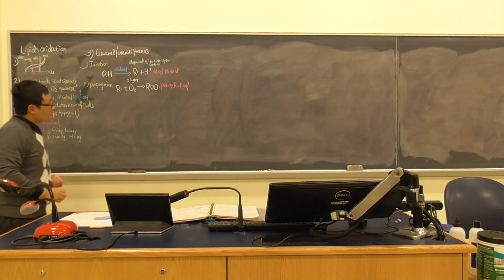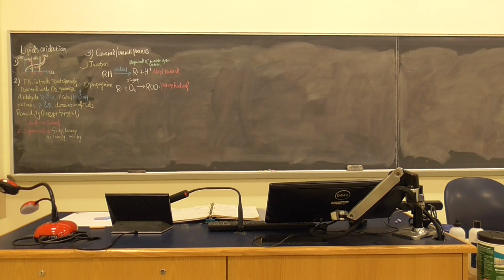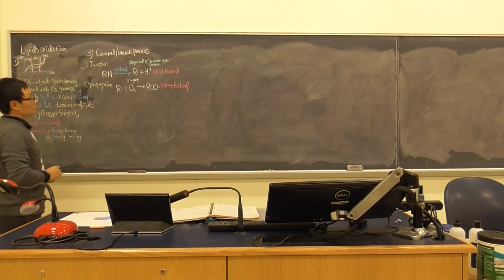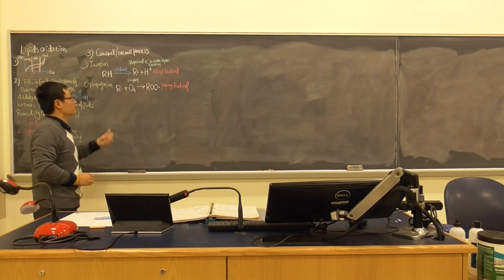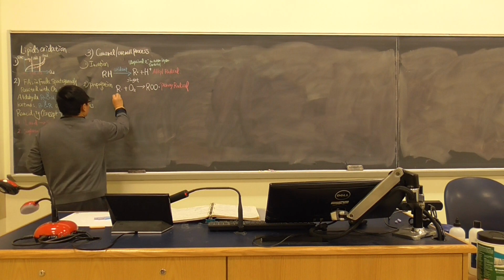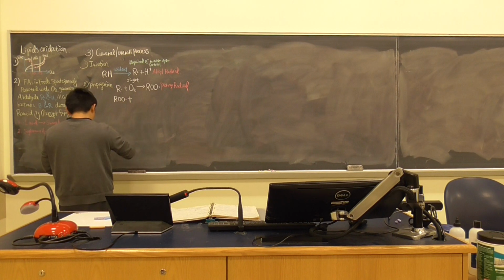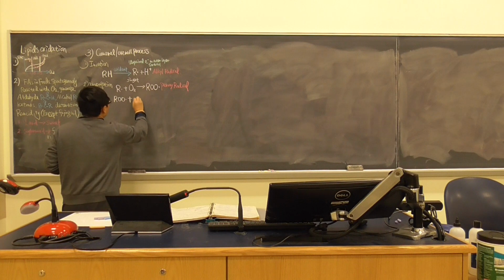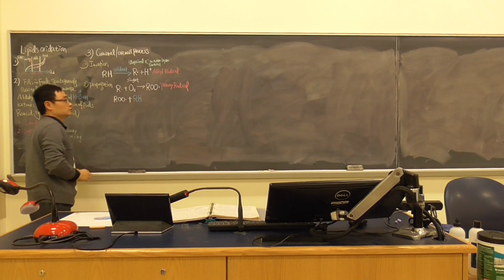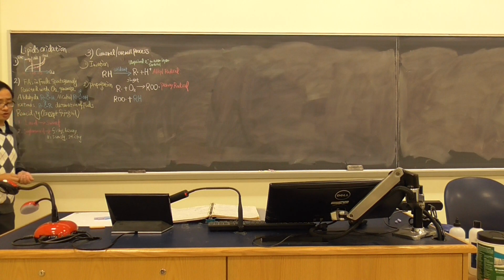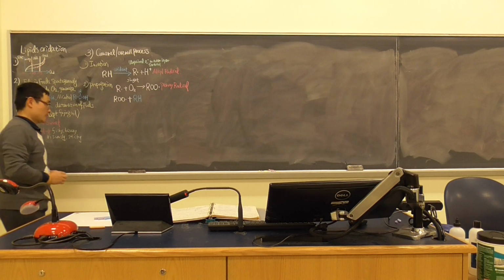This peroxy radical is a little bit stronger oxidant itself compared to a free radical. Then this ROO free radical is going to work with another fatty acid chain, usually in the same triglycerol.